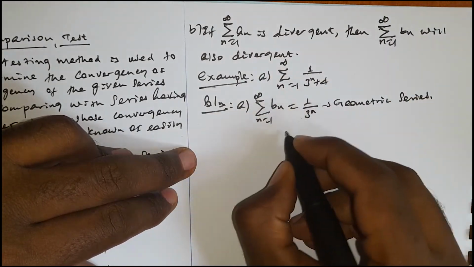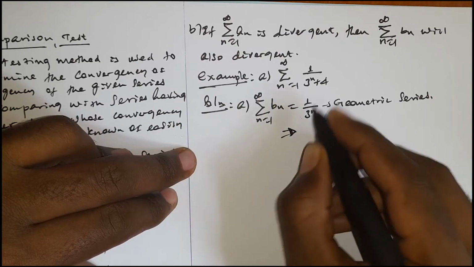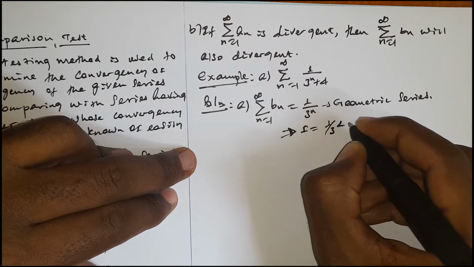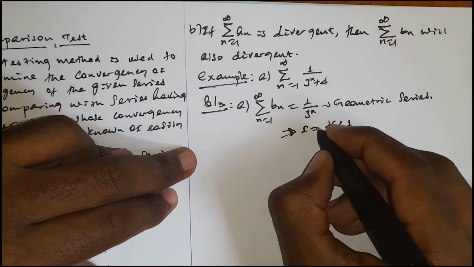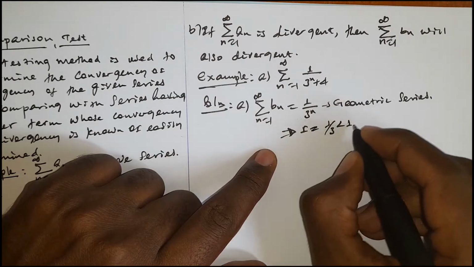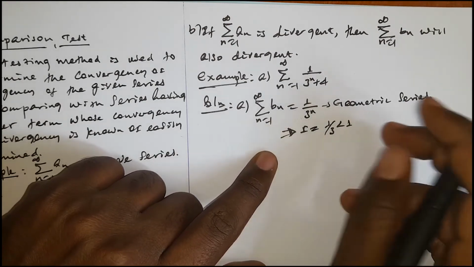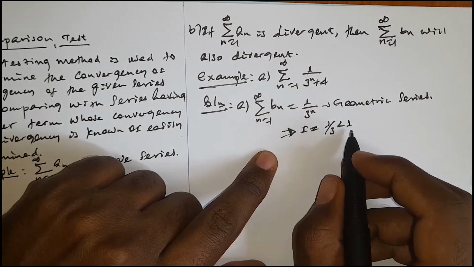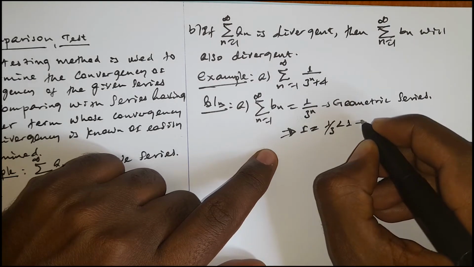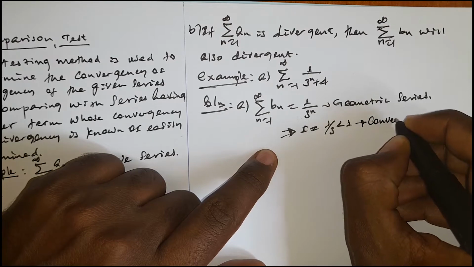Here the common ratio of this series is 1 over 3, which is less than 1. So this series is convergent. If the common ratio of the given geometric series is less than 1, the series is convergent.